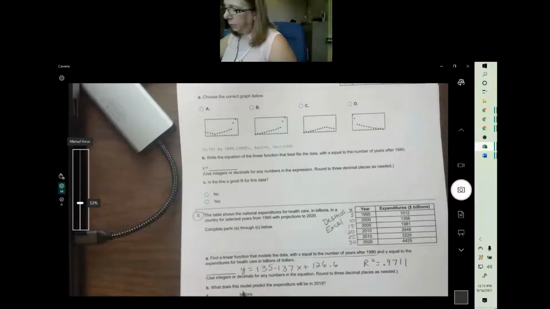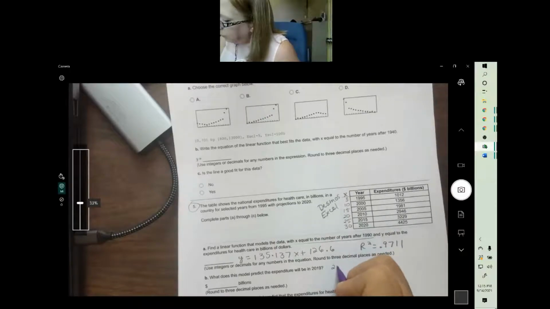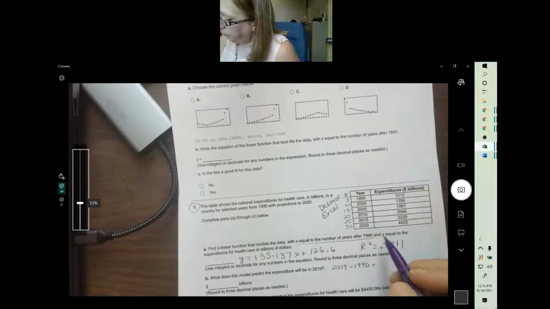What does the model predict the expenditure will be in 2019? So for 2019, we need to subtract the 1990. That would be 29.